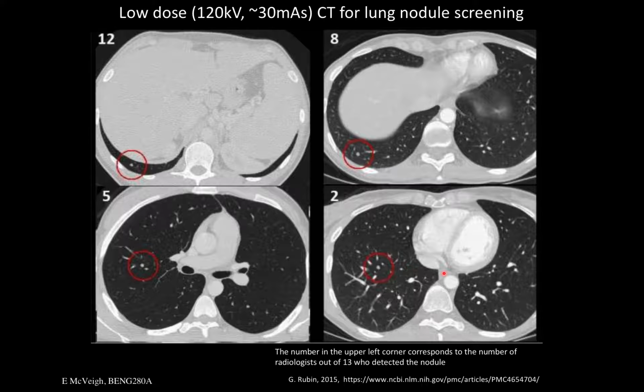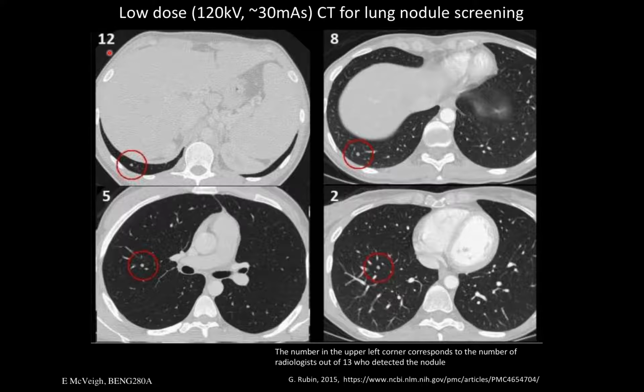Here are 4 of those cases of progressively more difficult calls. This number in the corner is from a trial where you just give images to radiologists and ask them to make the call, and they get thousands of images. They're just like, do it, bam, bam, bam, bam.